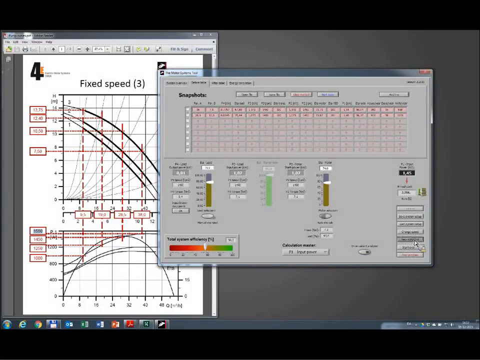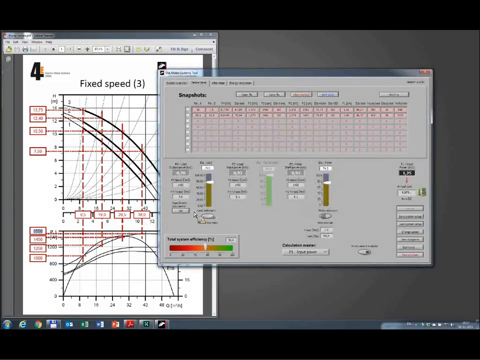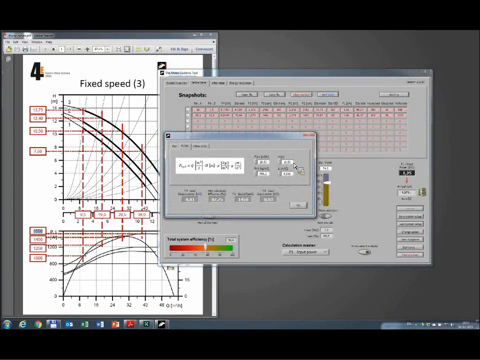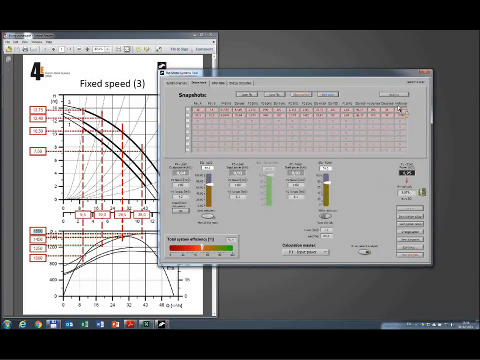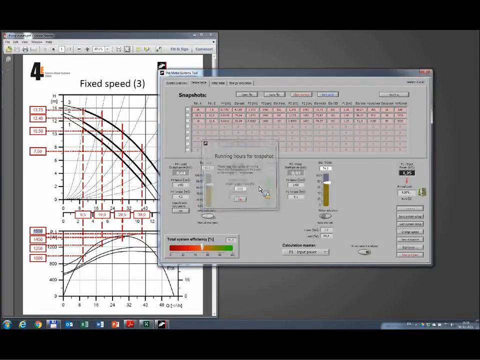The third duty point is 1.25 kilowatts, and the hydraulic parameters would be 12.4 meters of head and 19 cubic meters of flow. We have the new efficiency calculated, and we put it in, and we add this line, and in this case we have 2100 hours per annum.